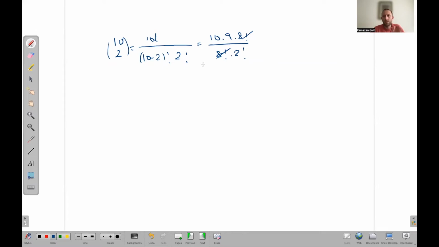So what's the meaning of that? What is the simple logic behind this calculation? That means start from 10, this number, and go down, or in other words, reduce this number by 1, and by 1 again, 2 times.